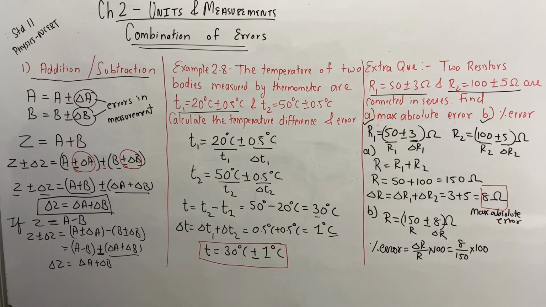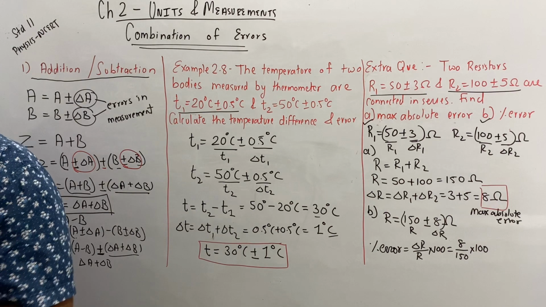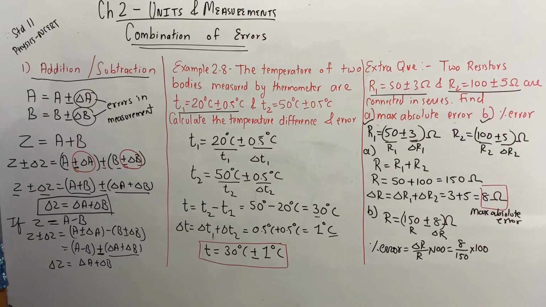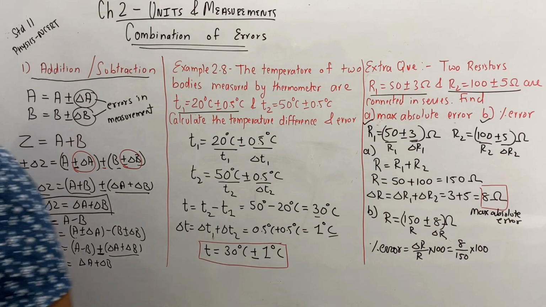It's 8 upon 150. That will be equal to 0.0533, multiplied by 100, that is 5.3333.